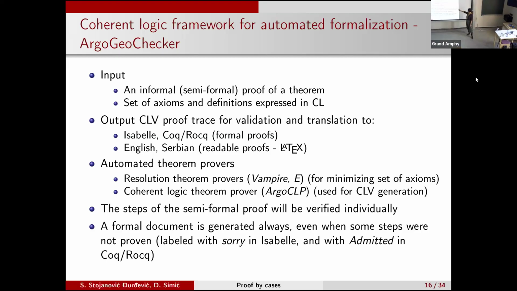This process, I have to state, is not 100% efficient. We will not get exactly the minimum set of axioms. We will make some kind of loop to minimize the system.